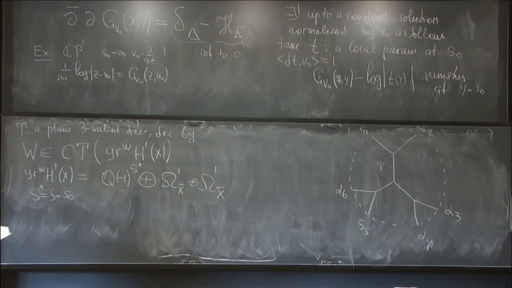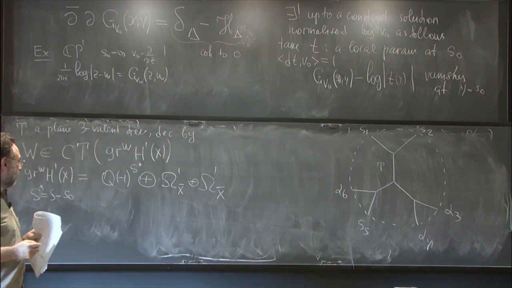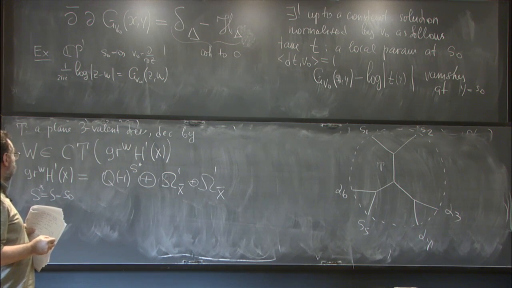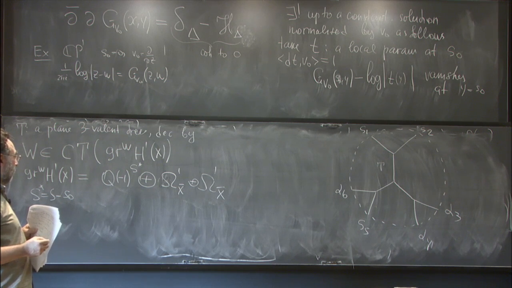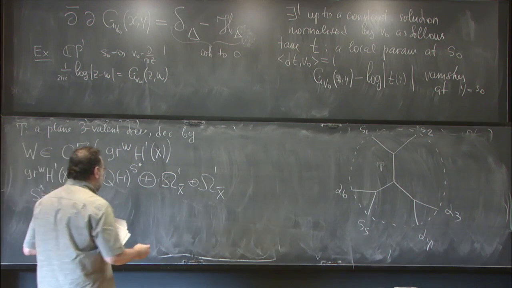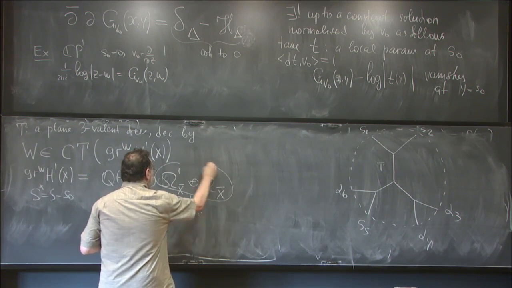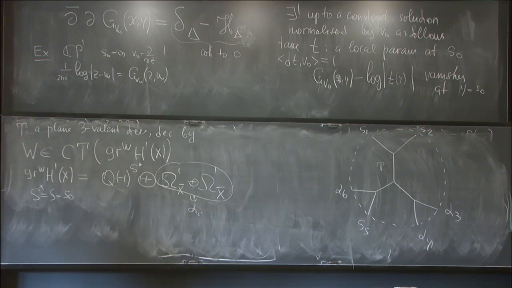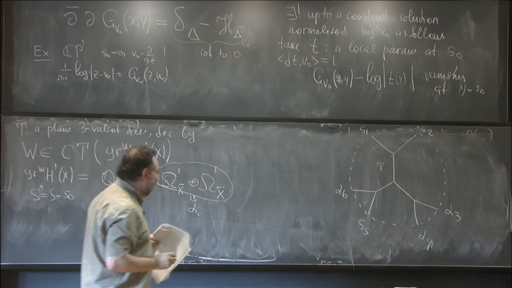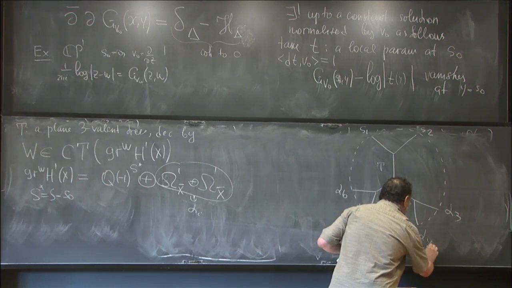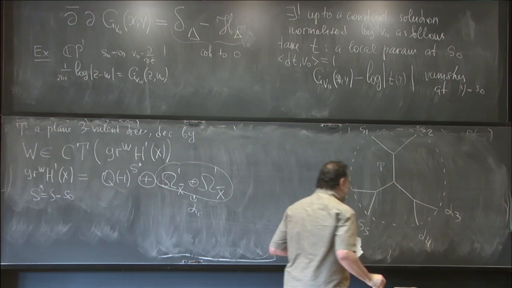So those S are elements of S minus S0, and the alphas belong to the cohomology.